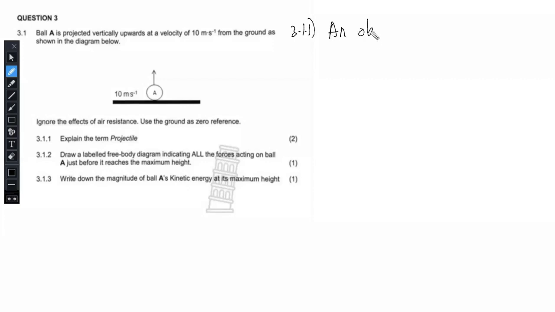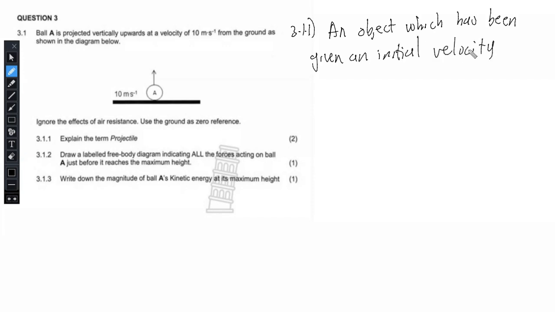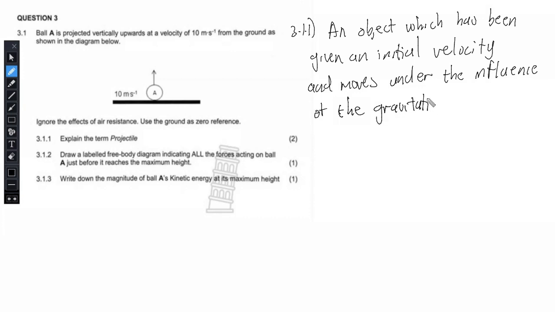We say this is an object which has been given an initial velocity and moves under the influence of the gravitational force only. So that's your projectile. Right.